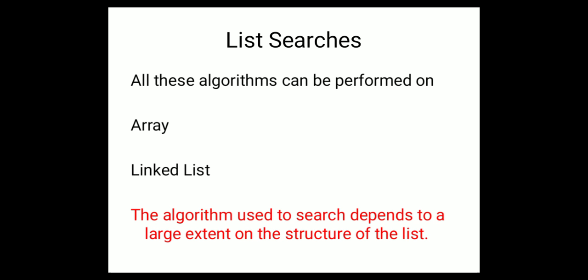Array supports random access as well as linear access, so you can perform all three kinds of search operations on an array. But a linked list supports only sequential access, so you can only perform linear search on the linked list, because binary search and Fibonacci search require a sorted list.